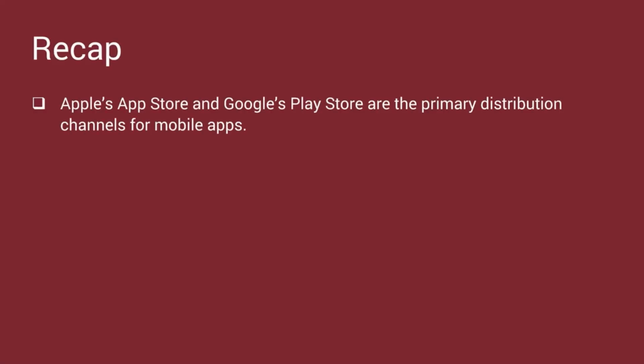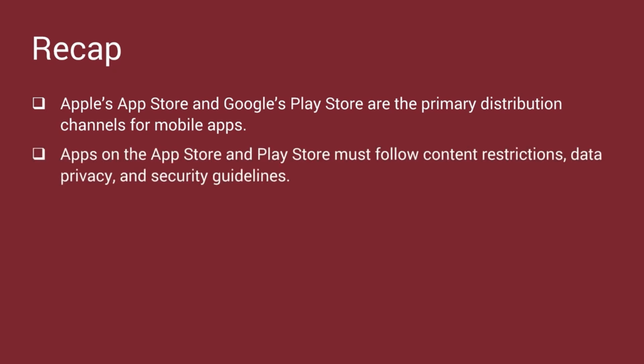In this video, you learned that the App Store from Apple and Play Store from Google are the primary distribution channels for mobile apps on iOS and Android devices. Published apps on the App Store and Play Store must follow the guidelines, including content restrictions, data privacy, and security standards.